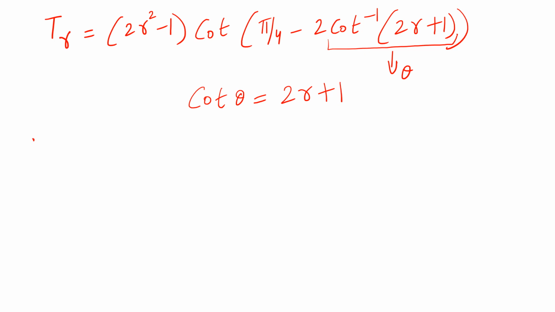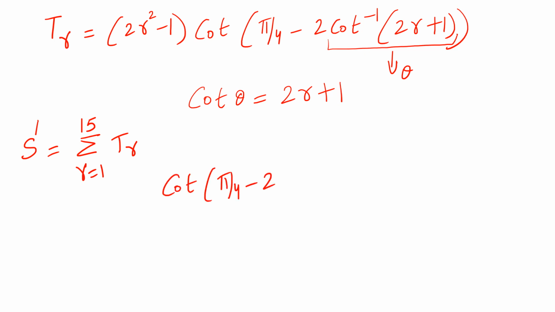Now the sum of this series I am representing as S dash becomes equal to summation TR, where R varies from 1 to 15. Now students, let's simplify TR. Now cot of (pi by 4 minus 2 theta), because this particular quantity has become cot of (pi by 4 minus 2 theta).